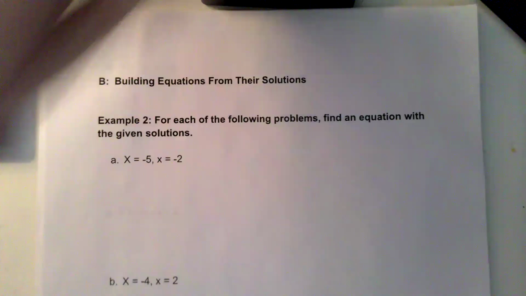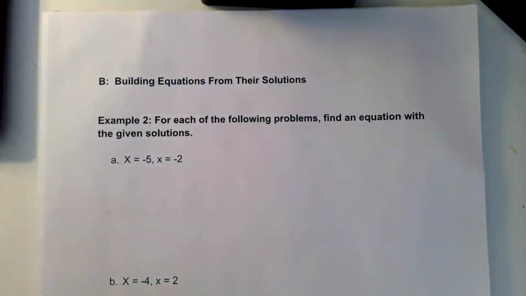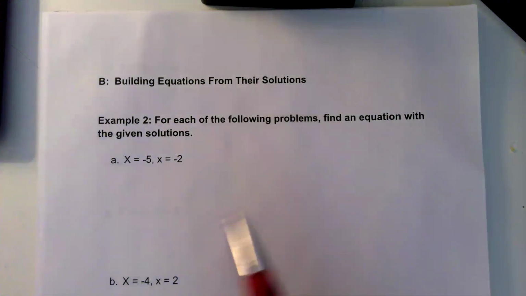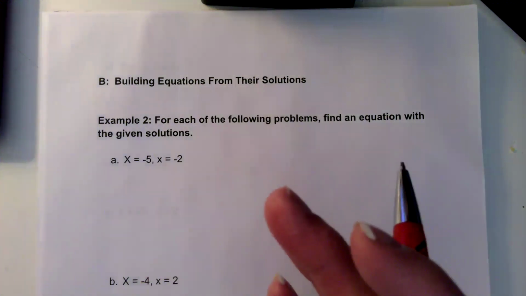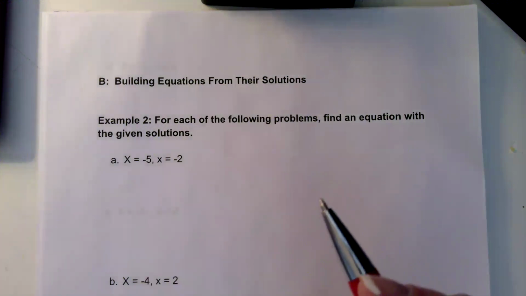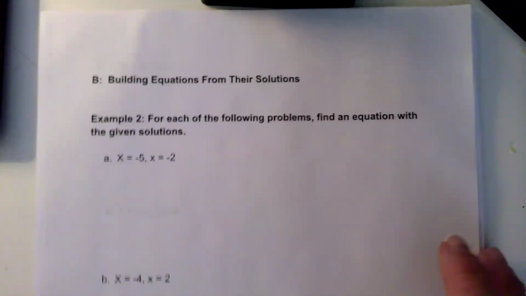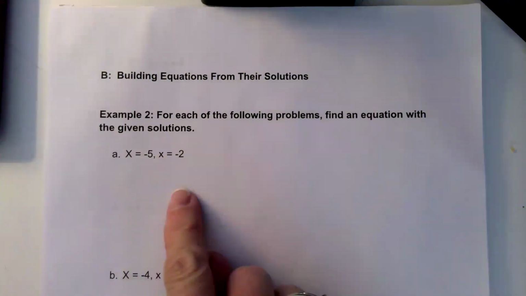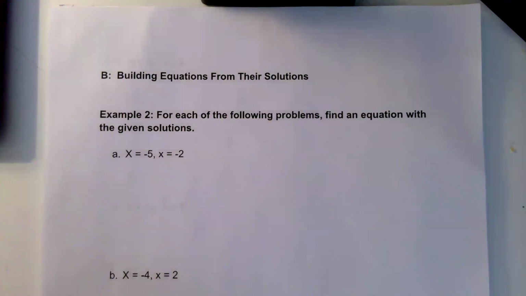Okay, now the last half of this lesson, we're actually going to go in the opposite direction. So far in chapter 7, we've been finding different ways besides factoring to solve a quadratic equation for its zeros. Now we're going to go backwards. I'm going to tell you what the zeros are, and we're going to build our original quadratic equation.